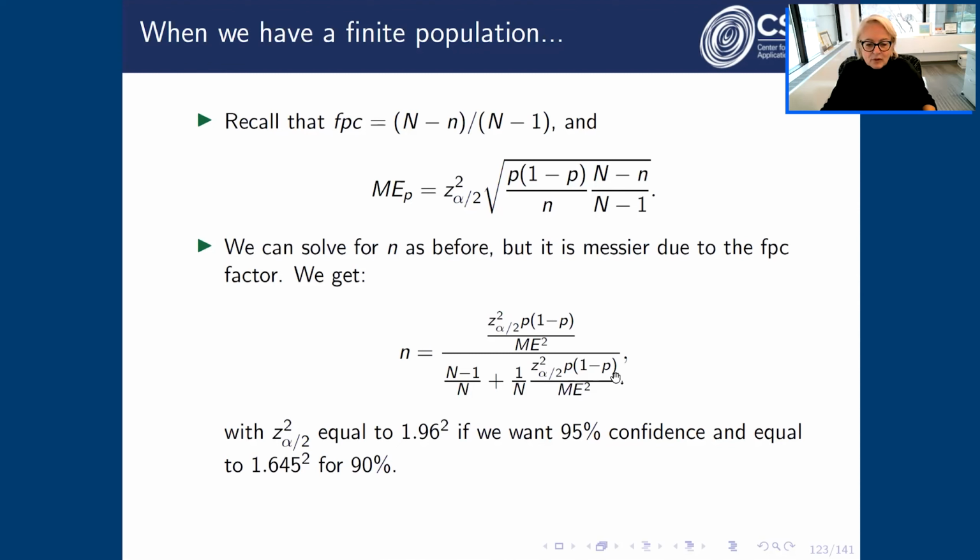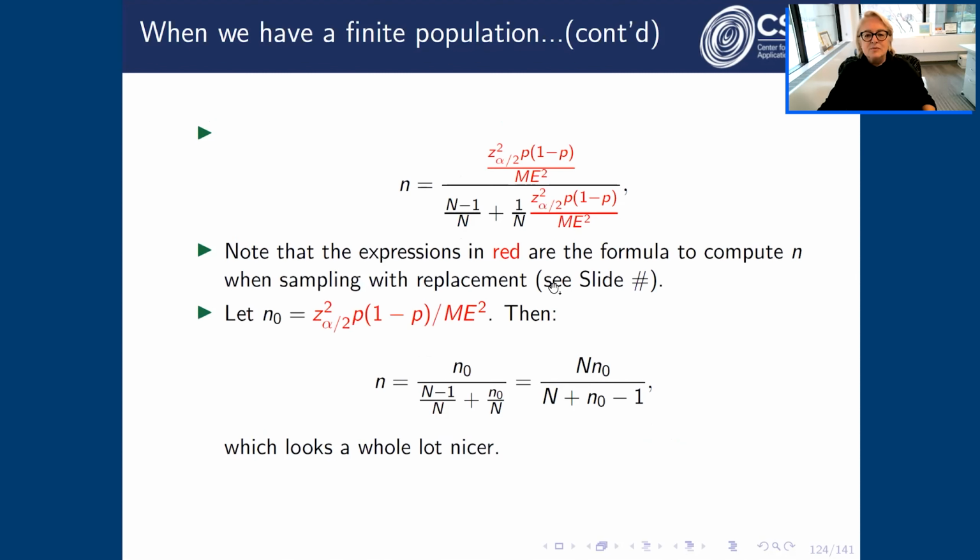So in principle, let me go to the next page. So this is what I was just saying. This here is the expression for computing n if I was forgetting about the finite population correction factor, and this is the same thing. And so let me call that n sub 0. So n sub 0 here would be the sample size I would need if I could assume I had an infinite population and sampling with replacement.